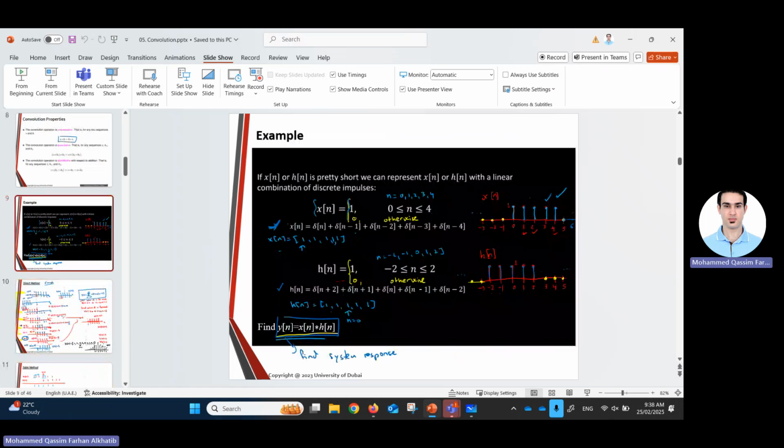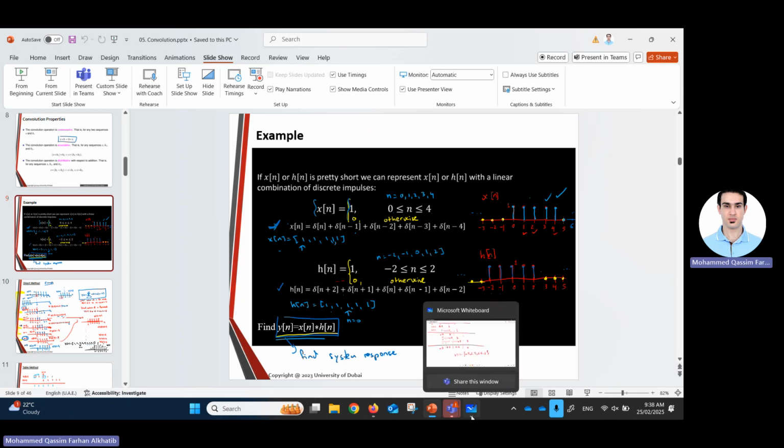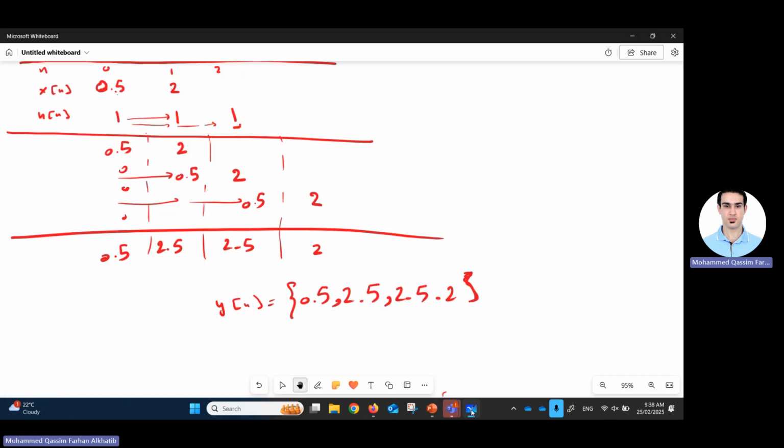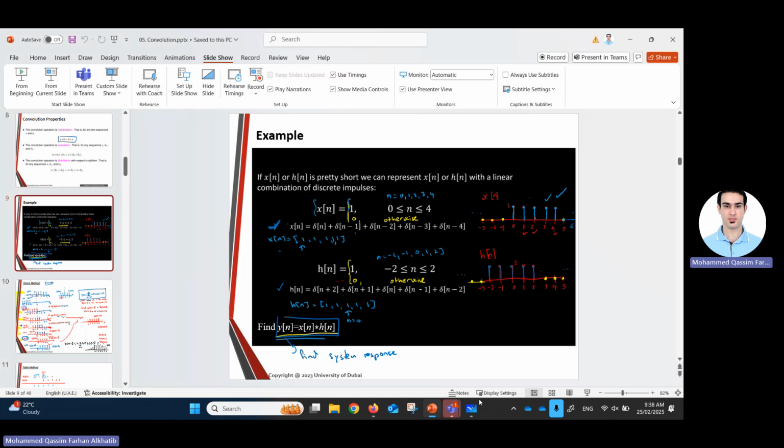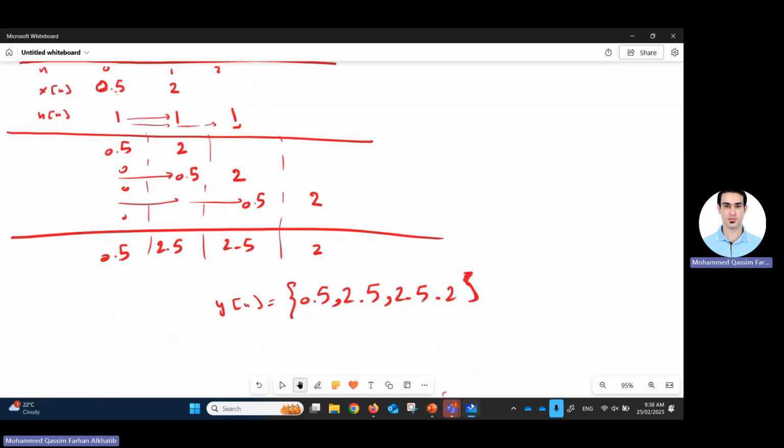Okay, so x of n equals 1 for all values from 0 to 4, and h of n from -2 to 2. So it's going to be all ones from 0 to 4, and the other one -2 to 2.